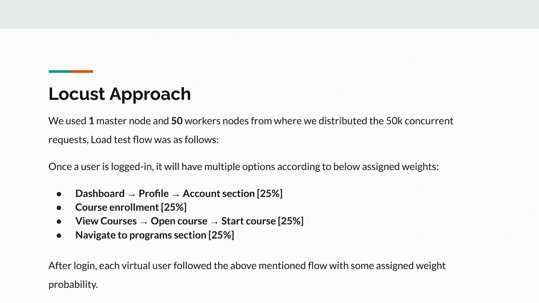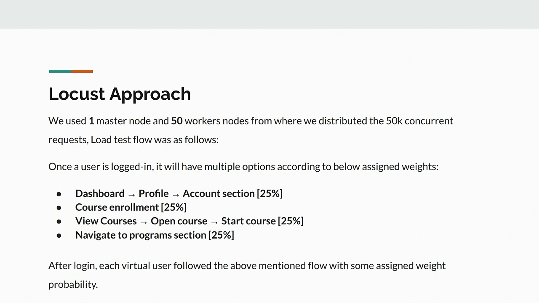They'll enroll in a course, go through the course, and complete it, just to make it look like a real user. Otherwise, if we run a test for LMS, all of the 50,000 users will be going to the LMS. The rest of the services wouldn't even scale, or we wouldn't know if they will scale when there are actually 50,000 users.